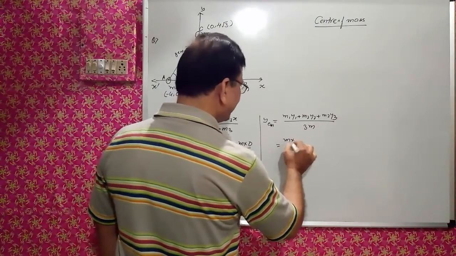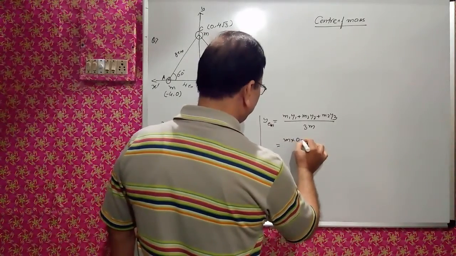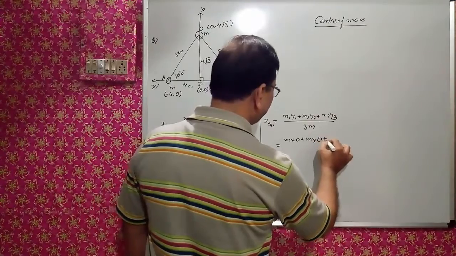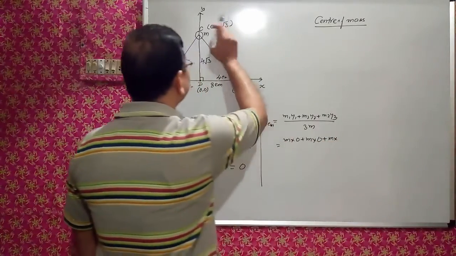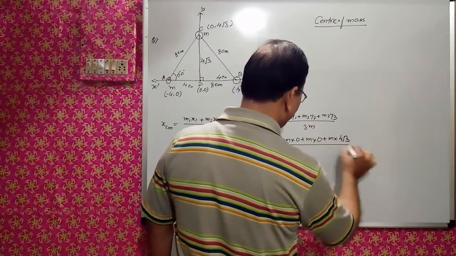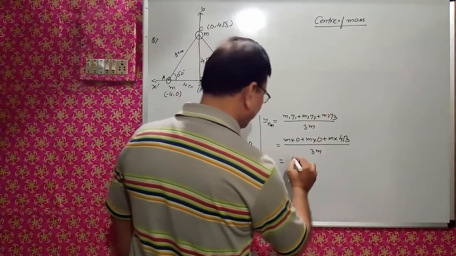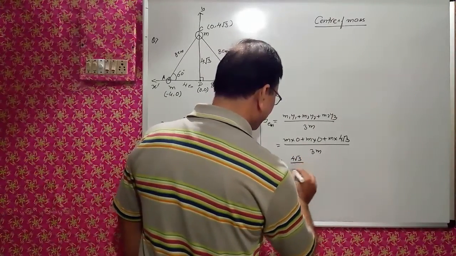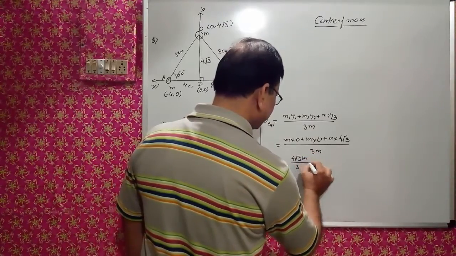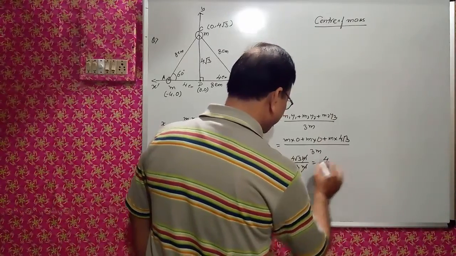That is m into the y coordinate of this, which is 0, plus m into the y coordinate of this, which is again 0, plus m into the y coordinate of this, which is 4 root 3, upon 3m. Here 4 root 3 upon 3, the m cancels, and you will get 4 upon root 3.